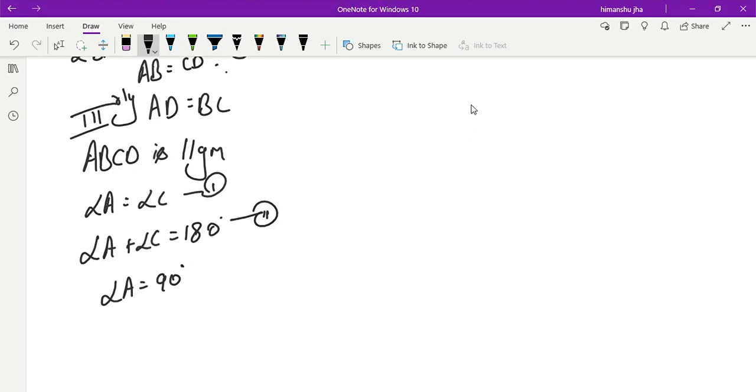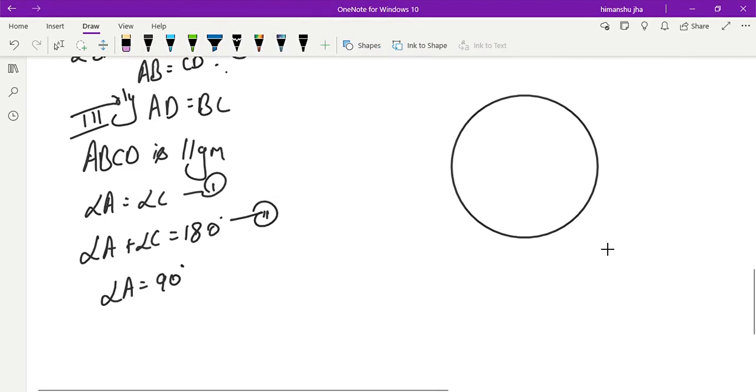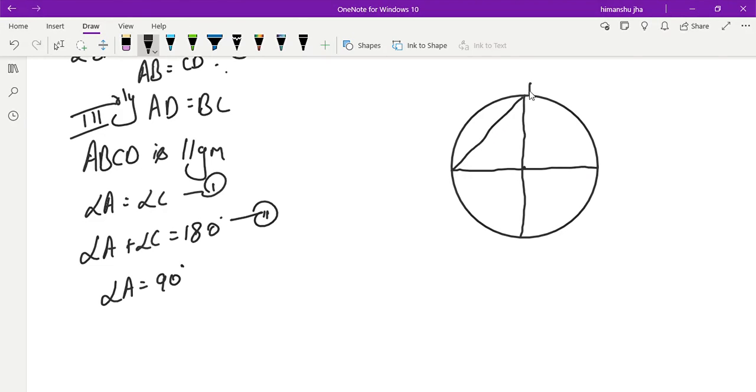Now, if BD is the diagonal, BD we have drawn like this, and A here. If this angle A is 90 degrees and this lies on the circle, it means BD is a diameter.